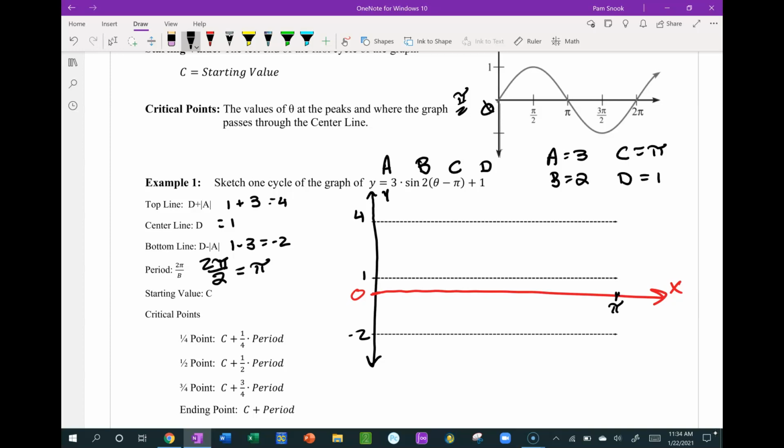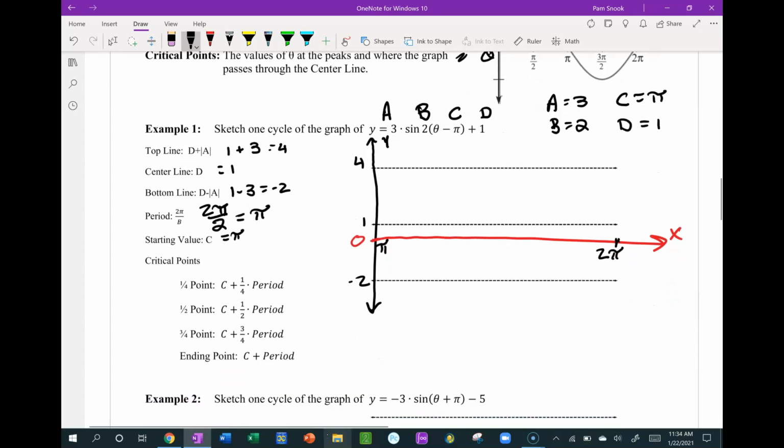My starting value C equals pi. So therefore, my starting value is going to be pi. So I'm going to call this point pi. That means one whole period out is going to be 2 pi. So that's going to be 1 pi wide.